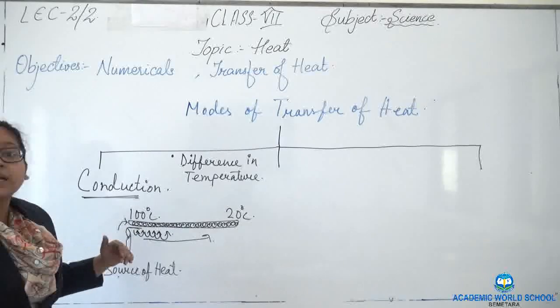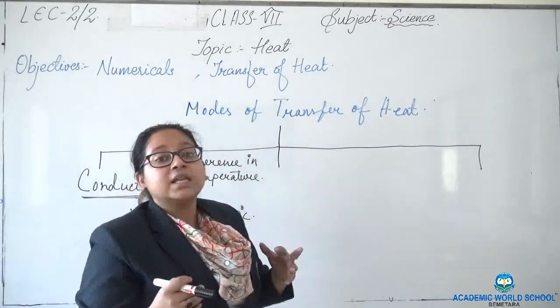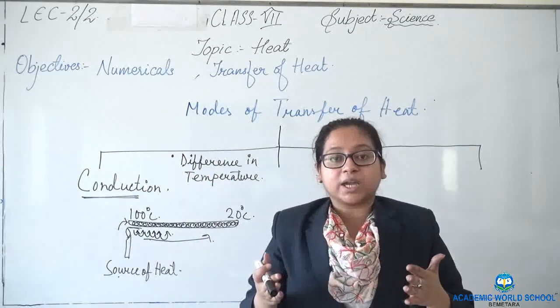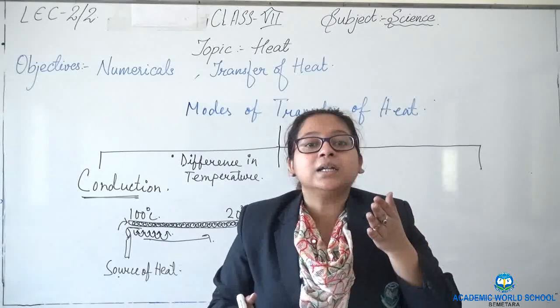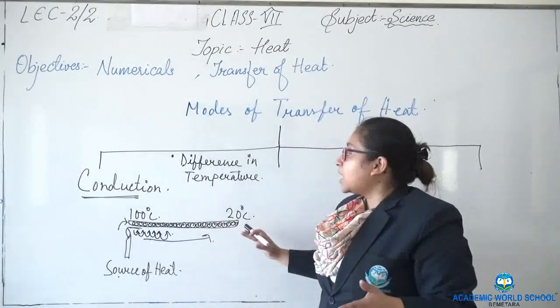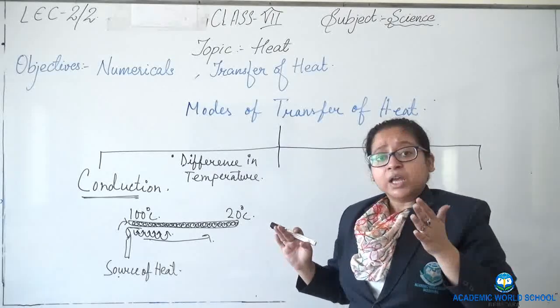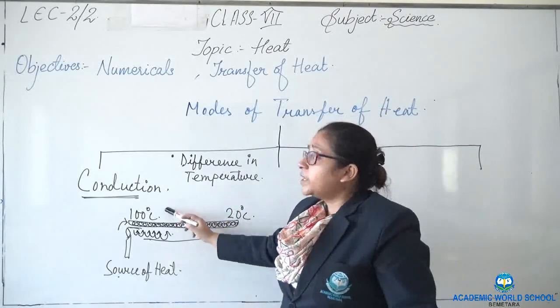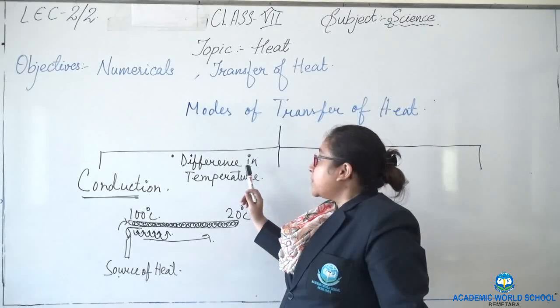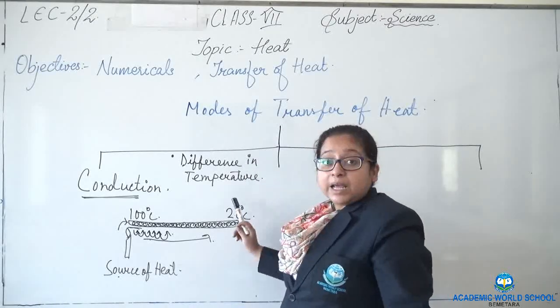This is my conduction. Conduction means it is conducting. Those objects which are the good conductors of heat come under conduction. What happens in conduction? Heat flows from hotter body to colder body. That means it requires difference in temperature.